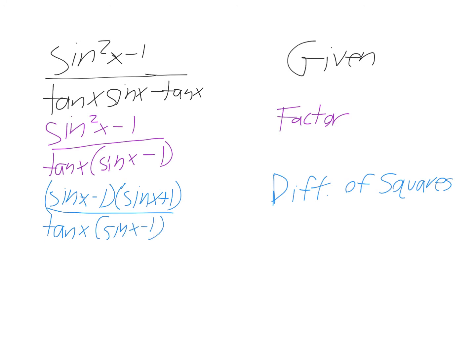Now I can cancel out my sine x minus 1 with my sine x minus 1, and that'll give me sine of x plus 1 over tangent of x. And that's just simplifying.